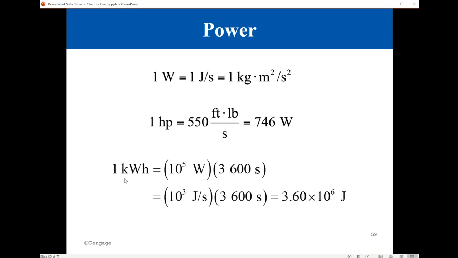This is the unit for energy that we use to measure the consumption of electric power at our homes. If you check the bill from the electric company, you will see the energy consumption expressed with a number followed by kWh, which is kilowatt hour.